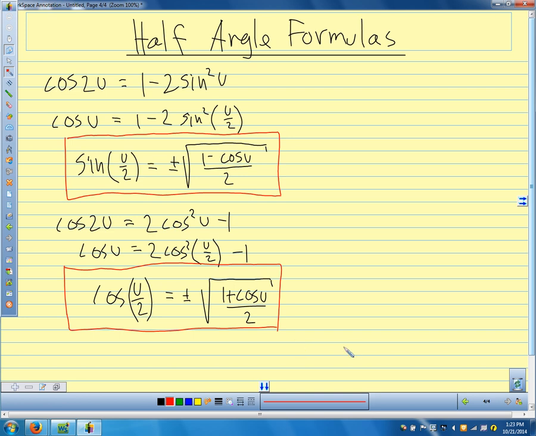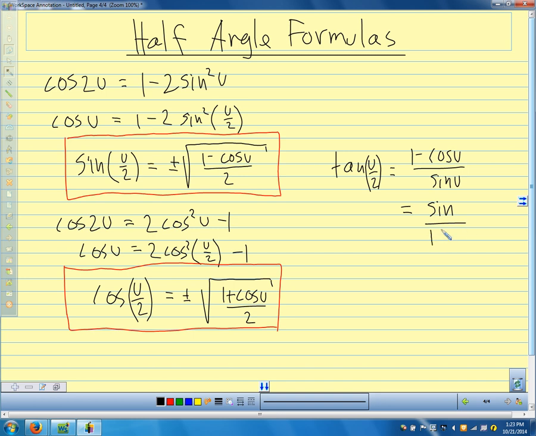And then the half angle formula for tangent comes from putting the sine of u over 2 over the cosine of u over 2 and simplifying. So I can say that the tangent of u over 2, and we actually get two that are the same, is 1 minus cosine u over sine u, and that's the same as the sine of u over 1 plus cosine u.